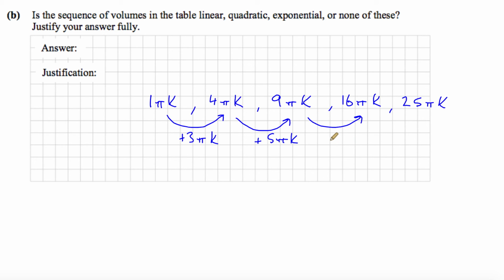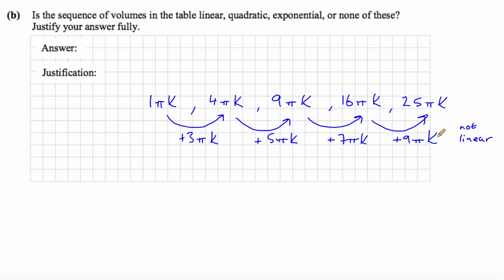From 9 pi k to 16 pi k would be positive 7 pi k. And finally, from 16 to 25 would be a jump of positive 9 pi k. So when we do the first difference here, we can see that these terms are all different. So therefore we can say it's not linear.